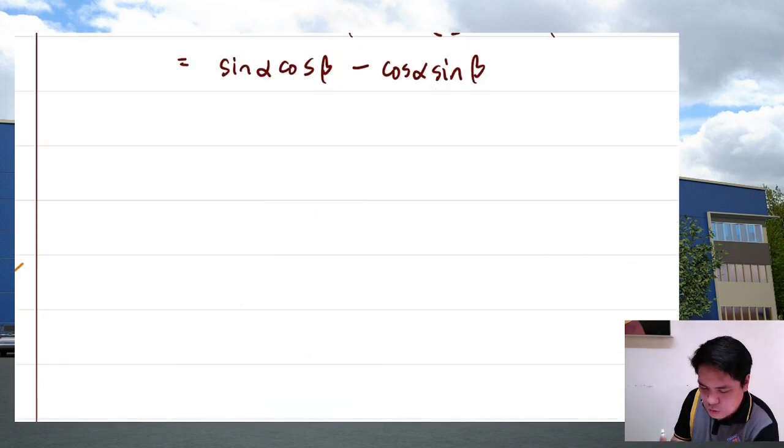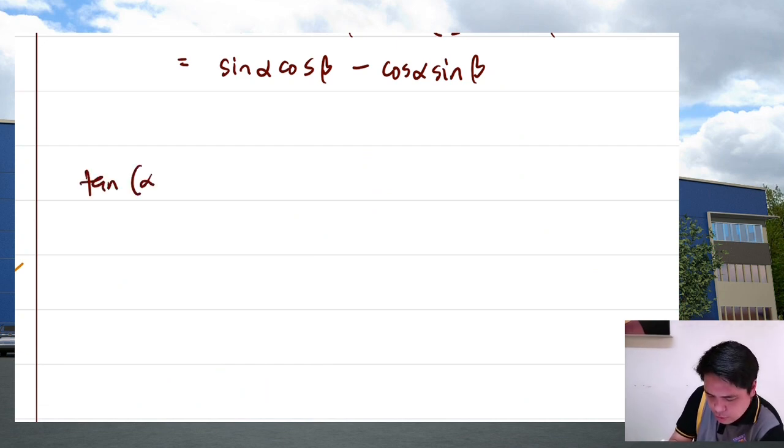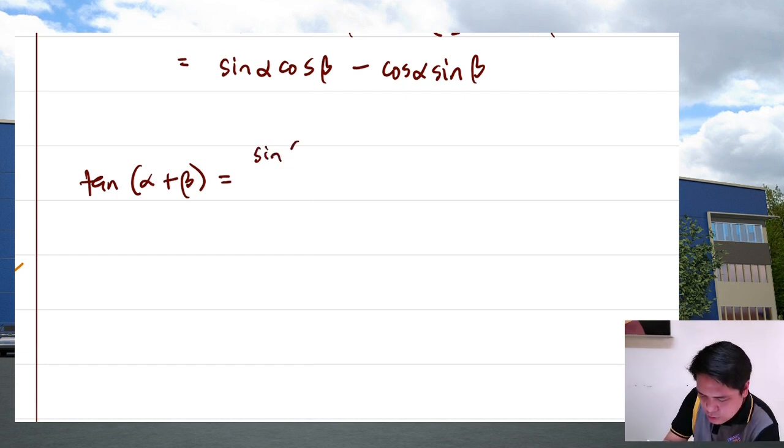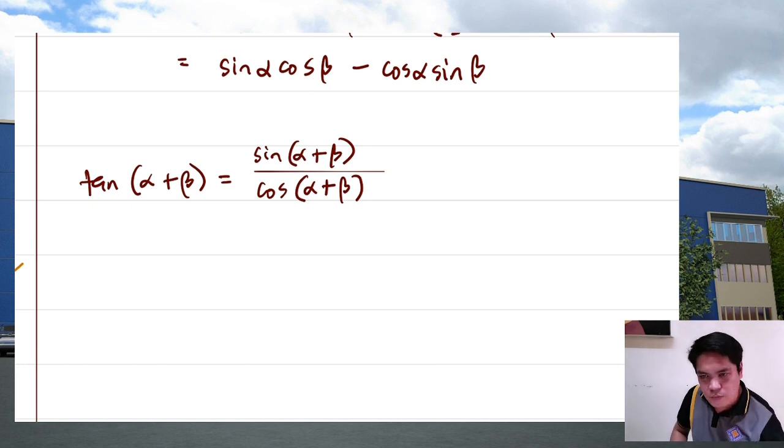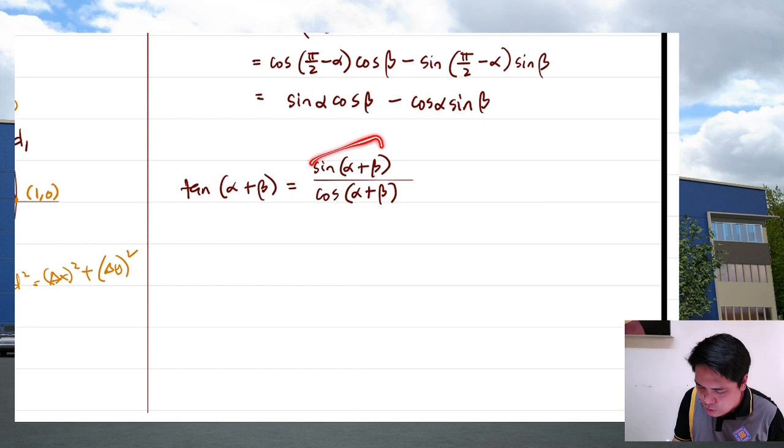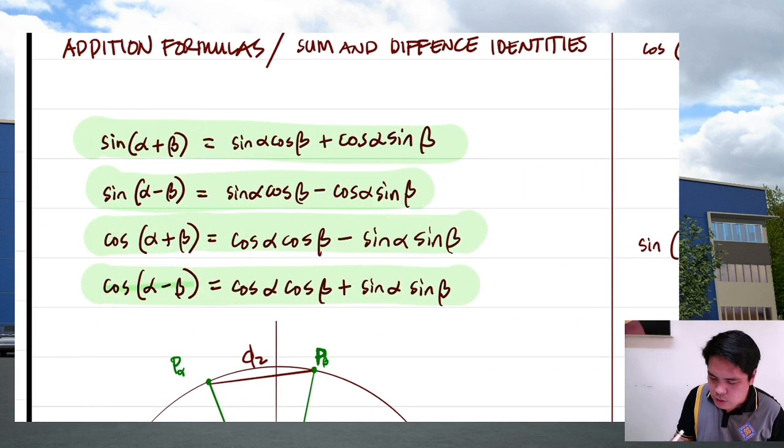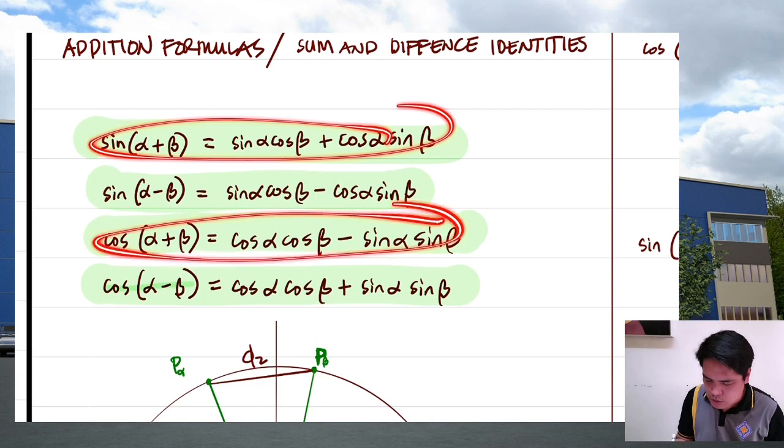Okay? The derivation for tangent, let's start with tangent alpha plus beta. The derivation of this comes from sine alpha plus beta over cosine alpha plus beta. So, pwede nyo i-derive na lang to by yourselves kasi the formula for sine alpha plus beta and cosine alpha plus beta are already given in this set of identities.